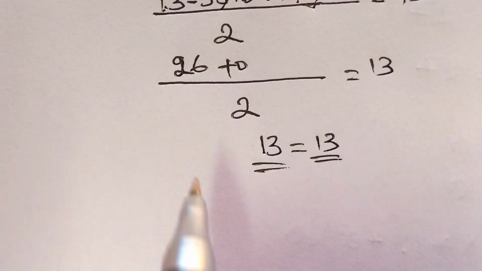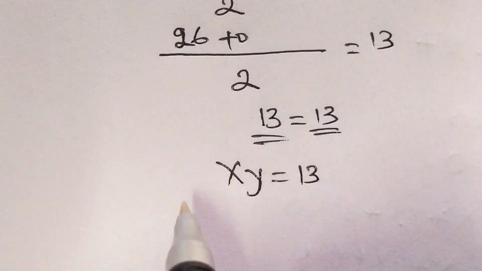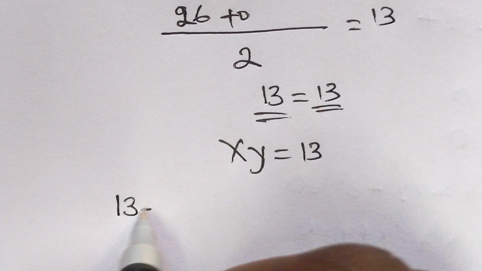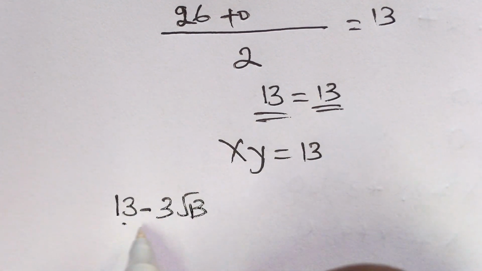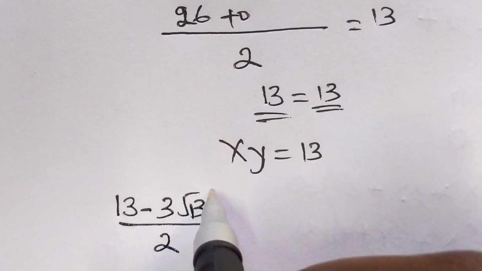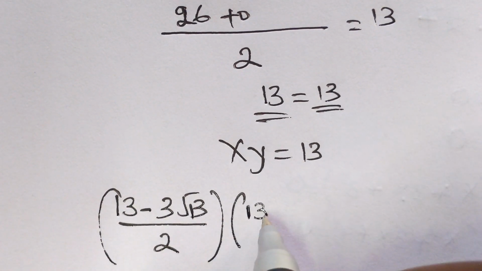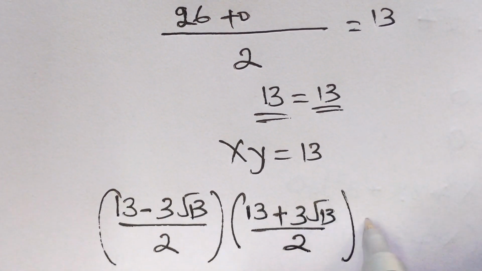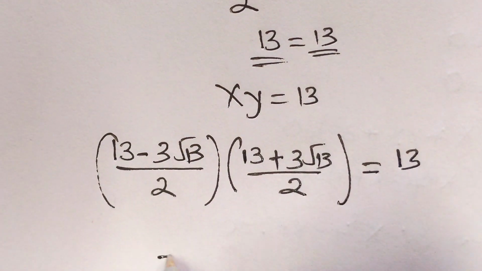We can find xy, which is equal to 13, whereas here we have 13 minus 3 square root of 13 over 2 times 13 plus 3 square root of 13 over 2, which should equal 13.